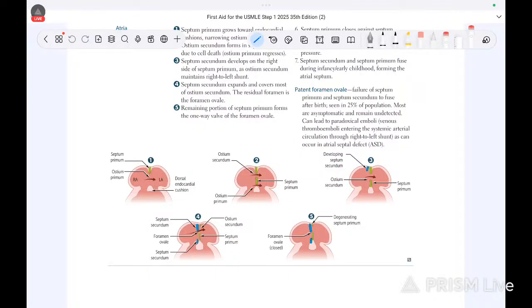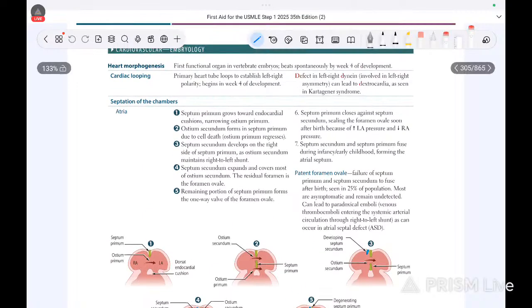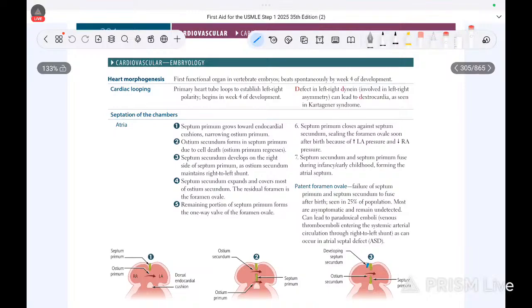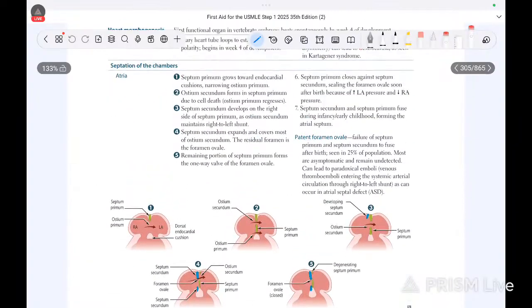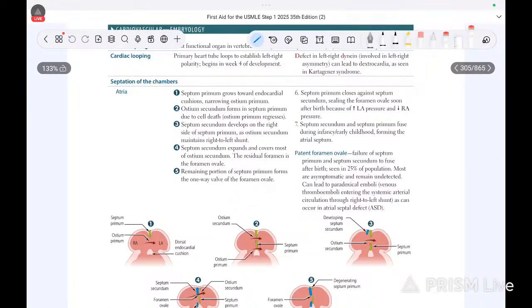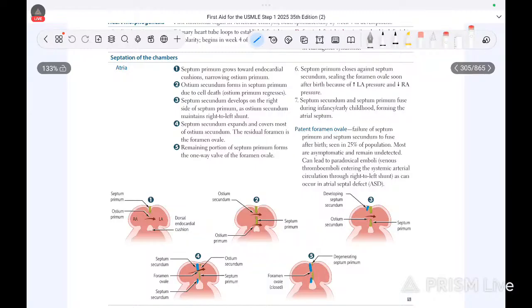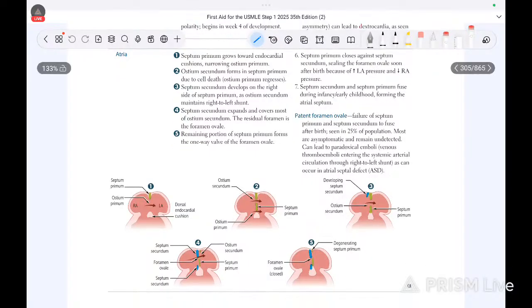Blood can go there, but it cannot go back because it works as a valve. One more thing we learn here is that after all this, the septum primum closes against the septum secundum.